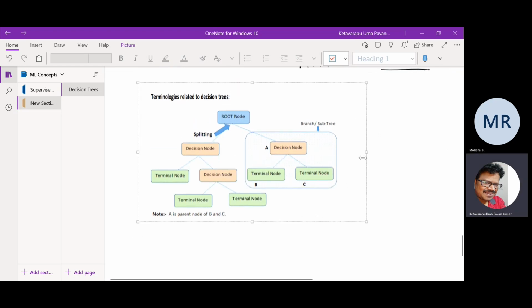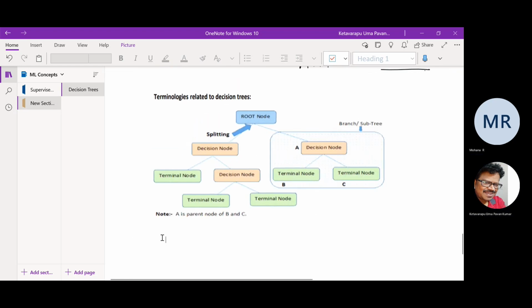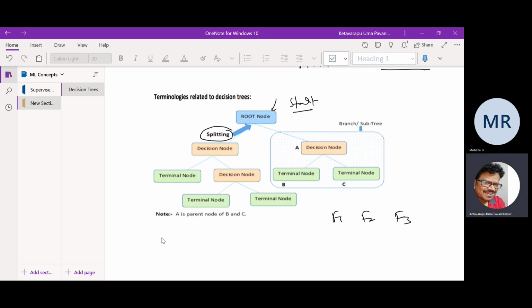Now, if you observe this notion, suppose I am considering this as a root node, which is the starting node, the beginning or start node. Most importantly, friends, splitting specifies this: suppose I have feature 1, feature 2, and feature 3, and the decision tree should decide on which feature the split must be made.